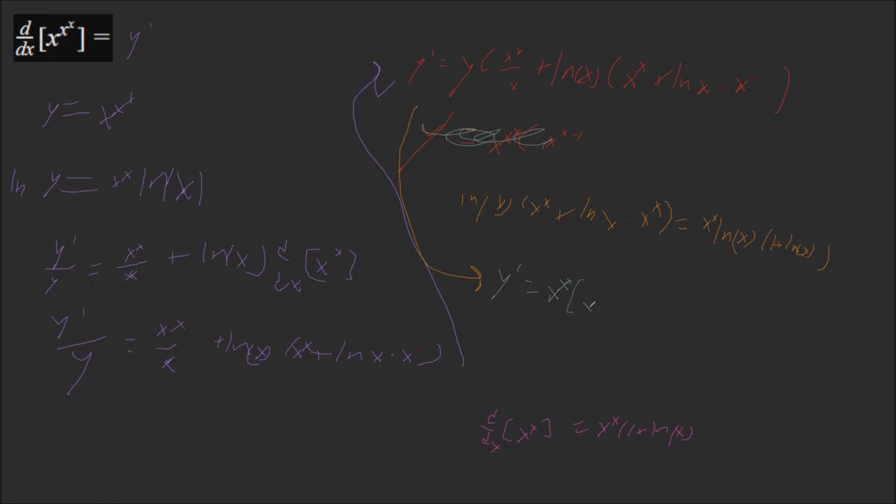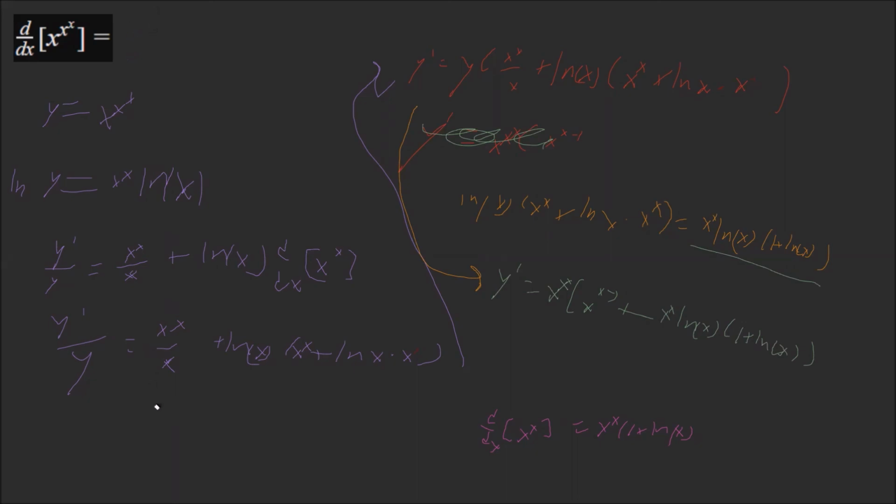Times x to the power of x minus 1, because x to the power of x over x is equal to x to the power of x minus 1, plus this term over here, which we can say is x to the power of x natural log x times 1 plus natural log x. And in fact, that is our final answer. That is the derivative of x to the power of x to the power of x.